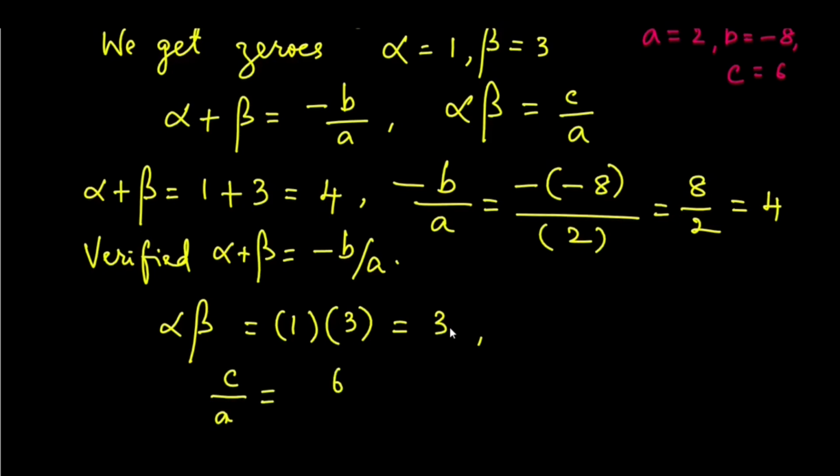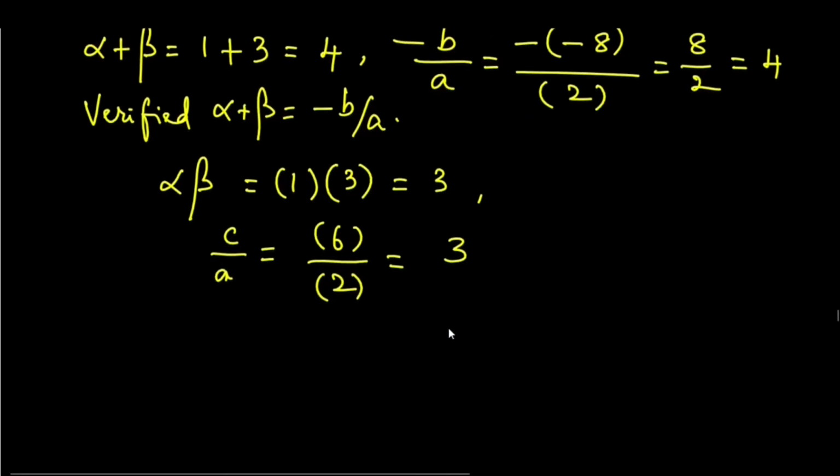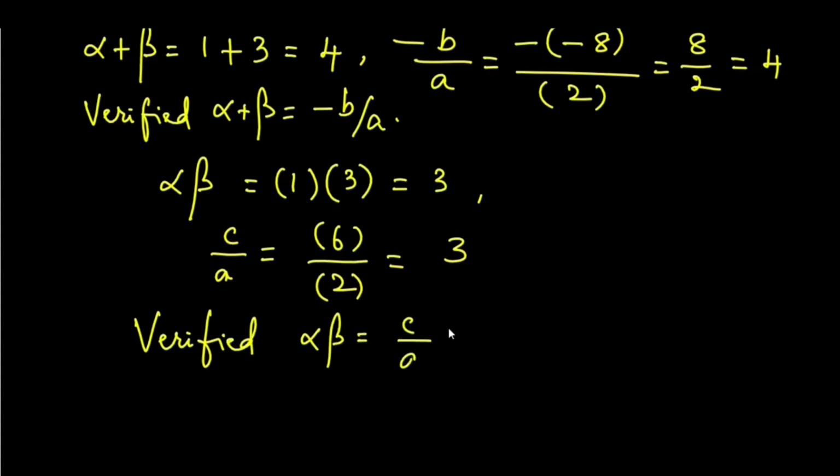C is 6 and a is 2. 6 by 2 is 3. Alpha beta is 3 and c by a is also 3. So verified, alpha beta is equal to c by a.